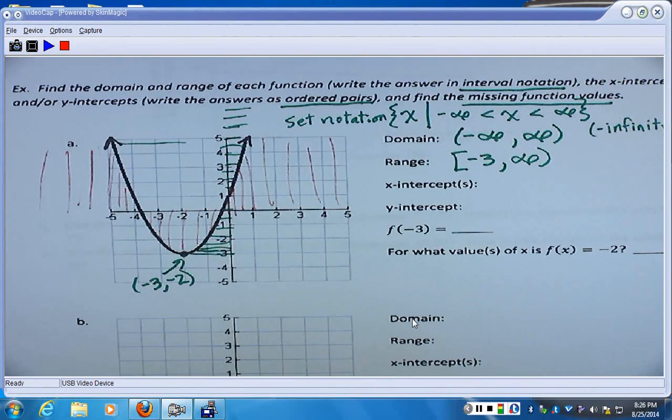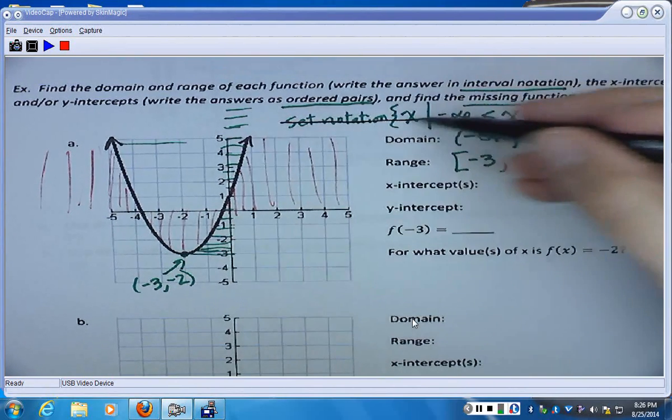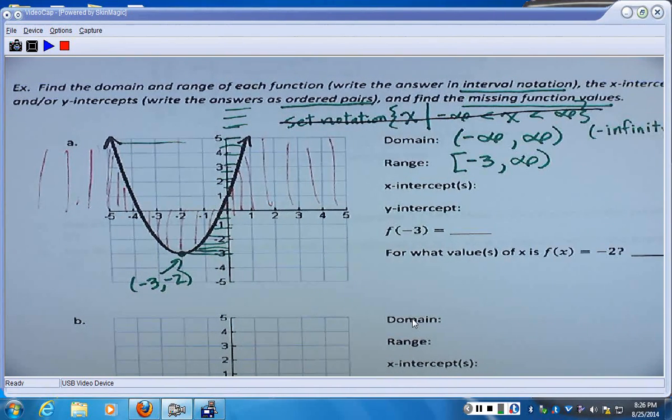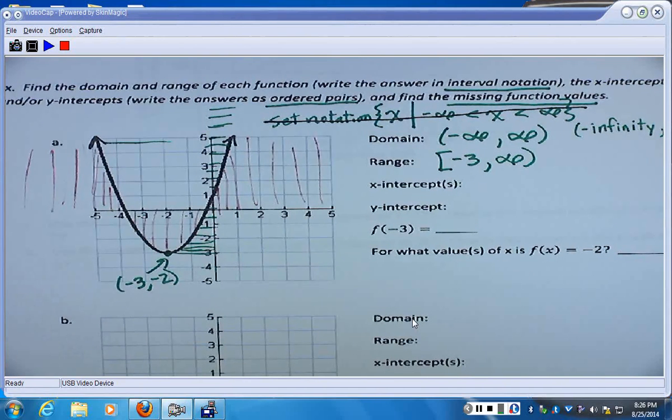So you don't need to write this in set notation. So that's how you can find the domain and range. Does that make sense?